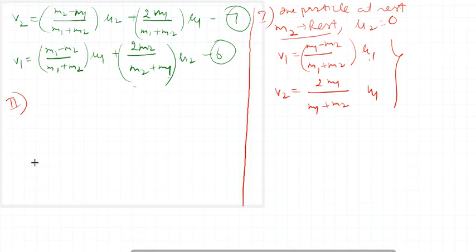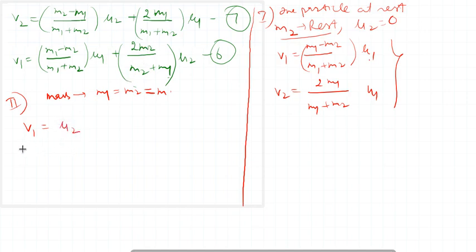In the second case, the particles' masses will be the same. That means M1 is equal to M2, and let us call it M. So if I put the value M, both are identical, so this term will vanish, and this term will also vanish. So V1 can be written as 2M over 2M, and this will cancel out, so it is U2.